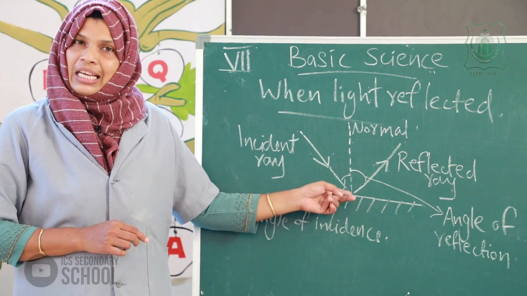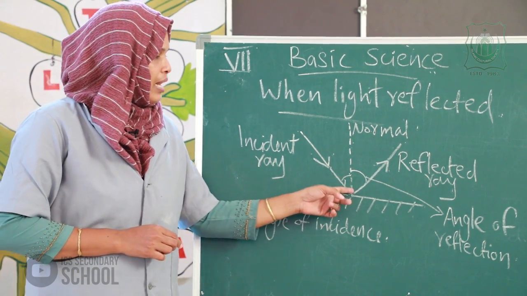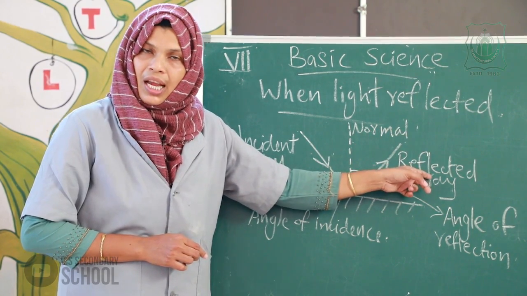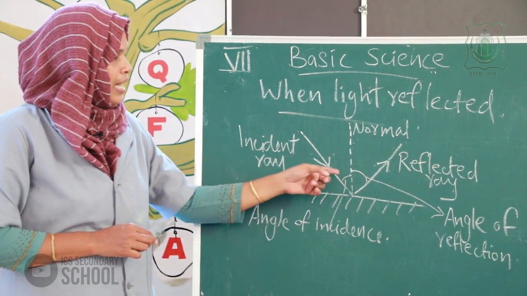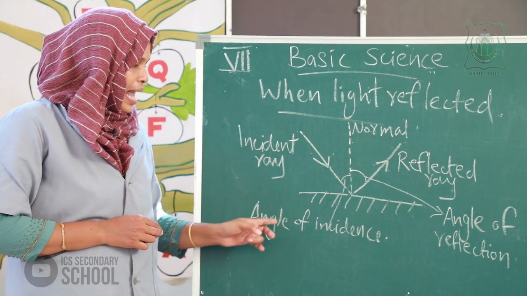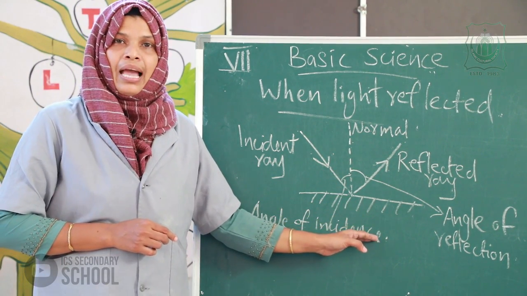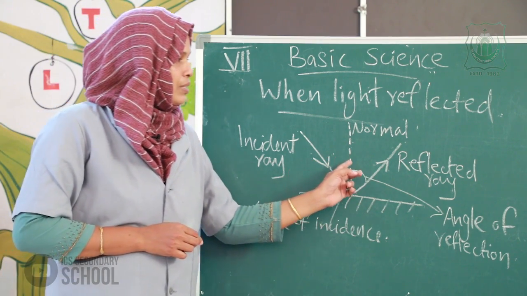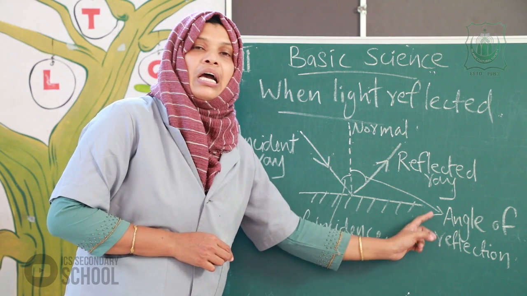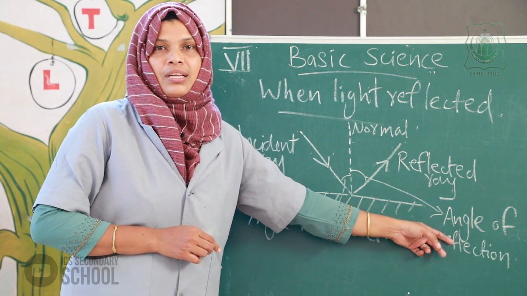Then the light reflected from the mirror is called the reflected ray. The angle between the normal and the incident ray is known as the angle of incidence, and the angle between the normal and the reflected ray is known as the angle of reflection.